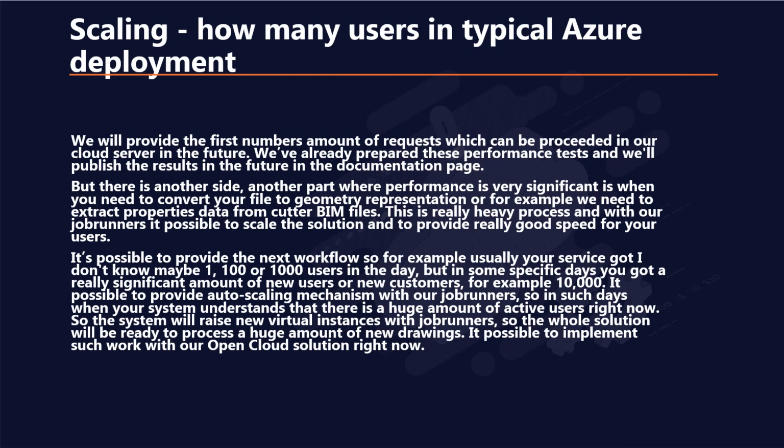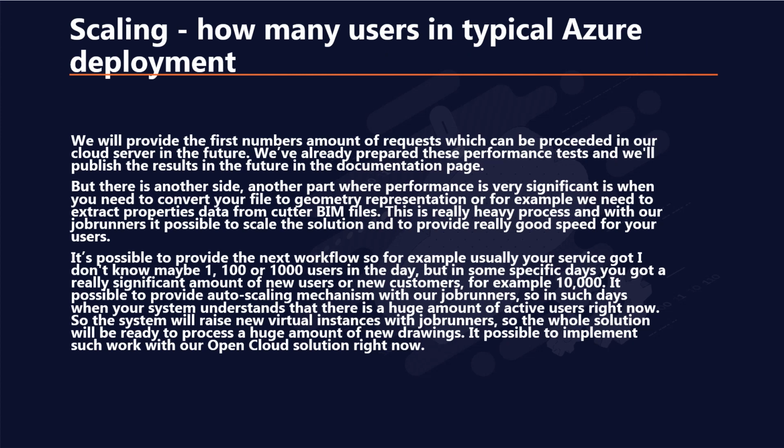But on some specific days, you get a really significant number of new users or new customers, for example, 10,000. It's possible to provide an auto-scaling mechanism with our job runners.